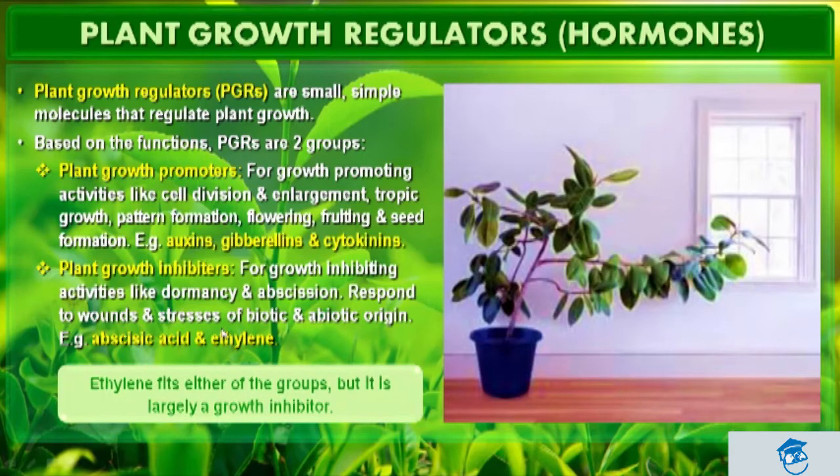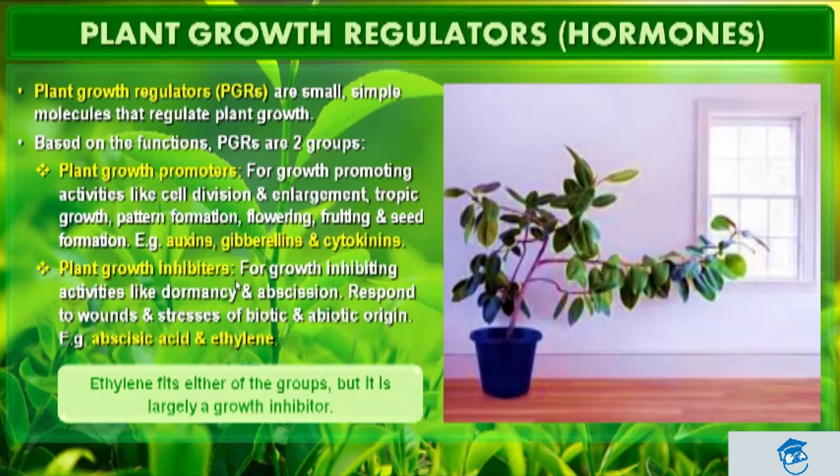It could fit either group, but it is largely an inhibitor of growth activities. So keep in mind that ethylene is a gaseous hormone and could fit either of these two groups, plant growth promoter or plant growth inhibitor, but ethylene largely fits the growth inhibitor group.